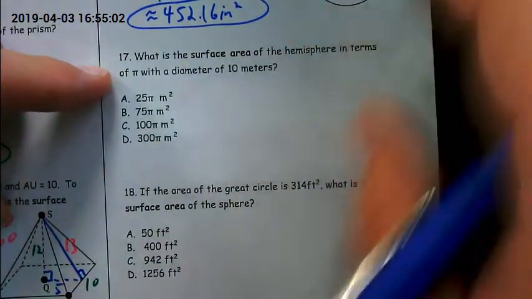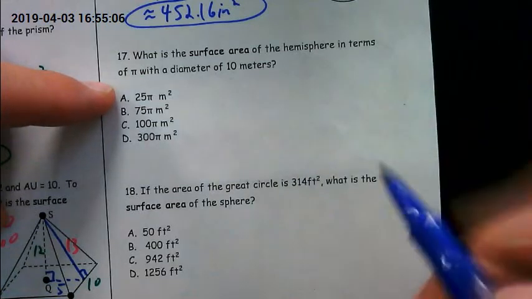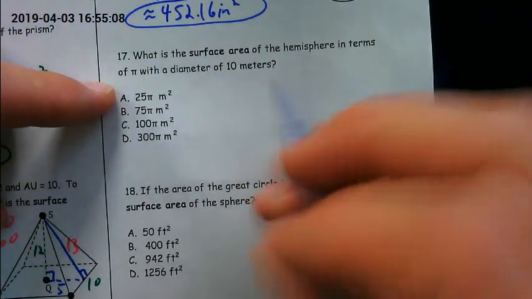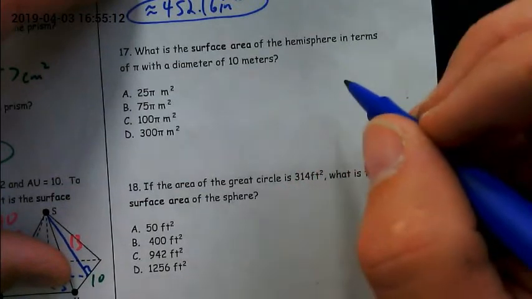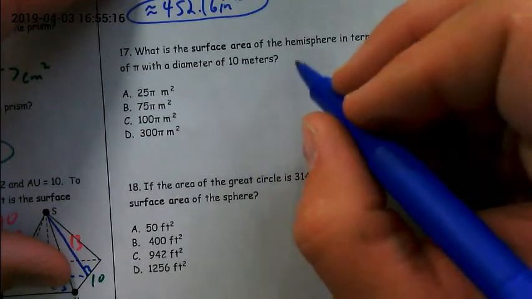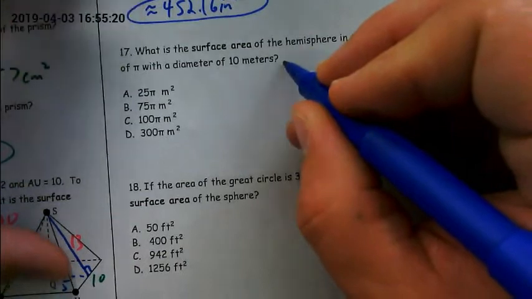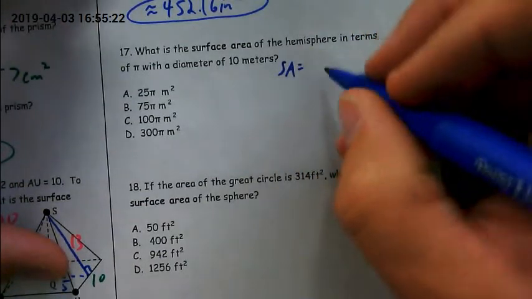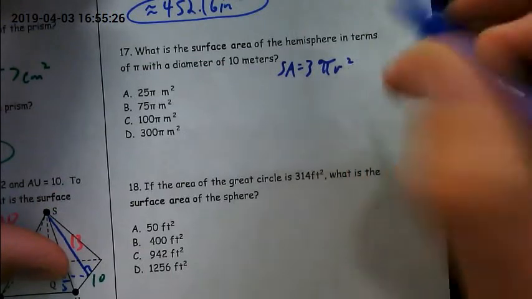Number 17. What is the surface area of the hemisphere in terms of pi with a diameter of 10 meters? So if we're talking surface area of a hemisphere, we have surface area equals 3 pi r squared.